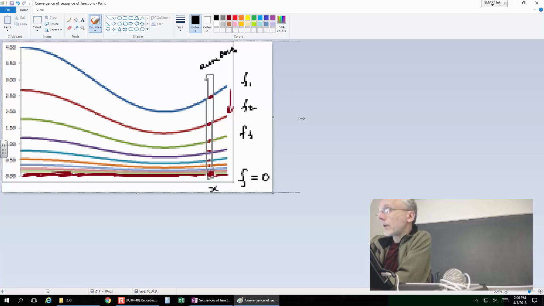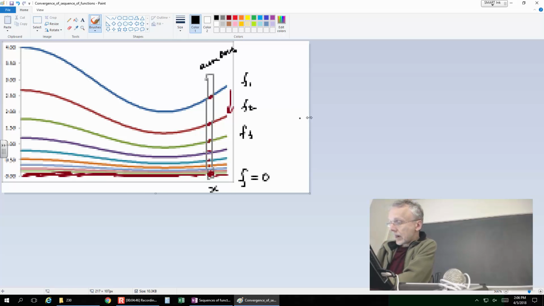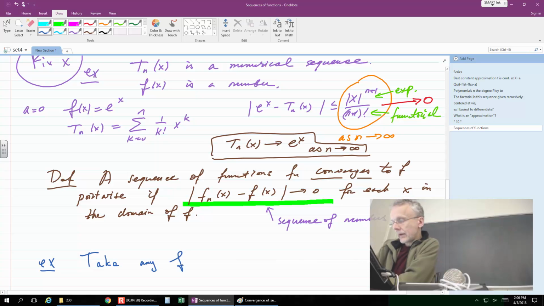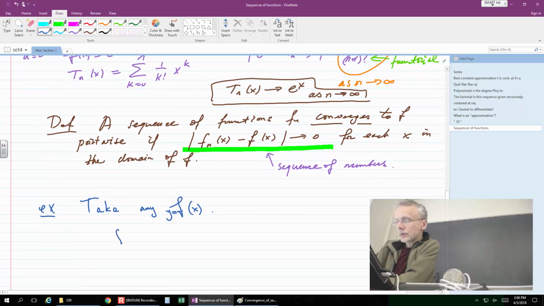An example of how this might converge is very easy. Here's how you can have a convergence like the one illustrated there. Take any function, y equals f of x, and then how about I divide it by n? So I have f_n of x equal to f of x divided by n.